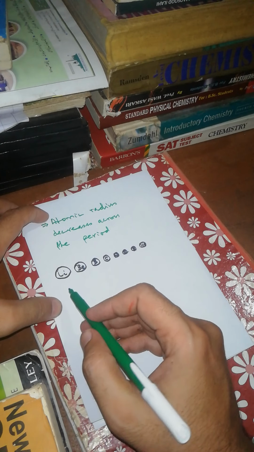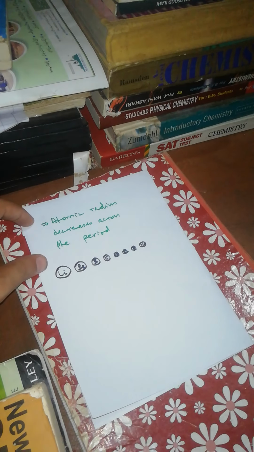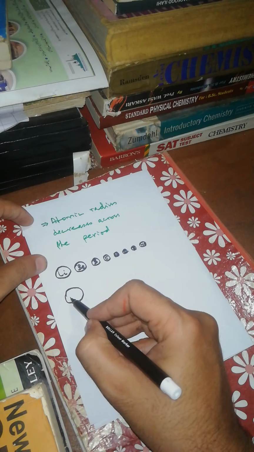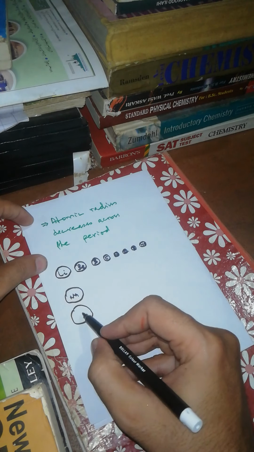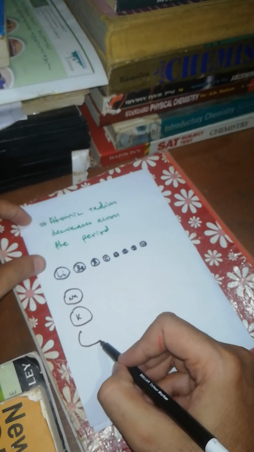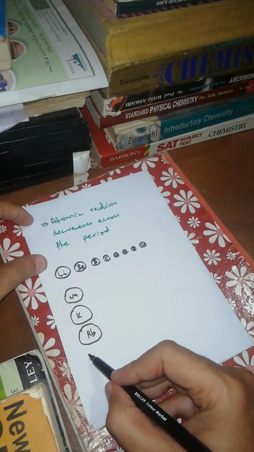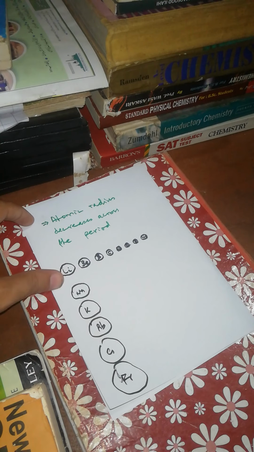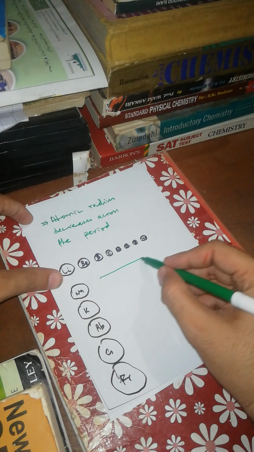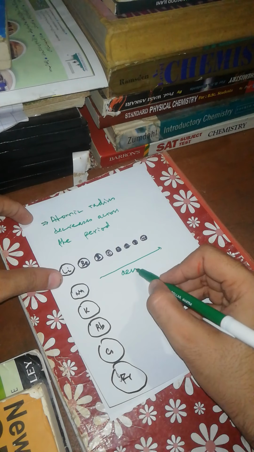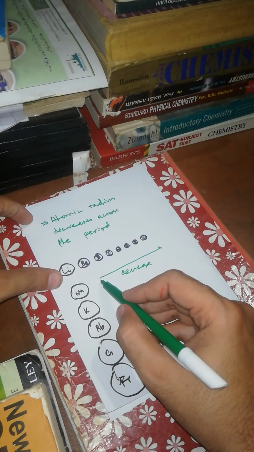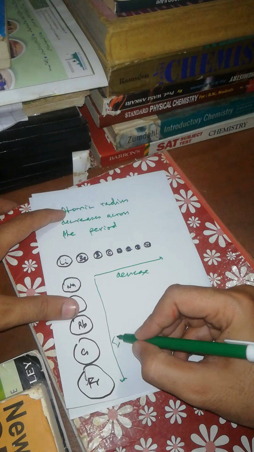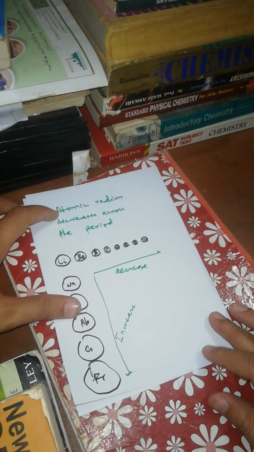Atomic radii increase because of the increase of shells. So sodium is quite smaller than potassium, rubidium, cesium, and francium. So this is the decrease across the period, and downward in each group there is an increase in atomic radii.